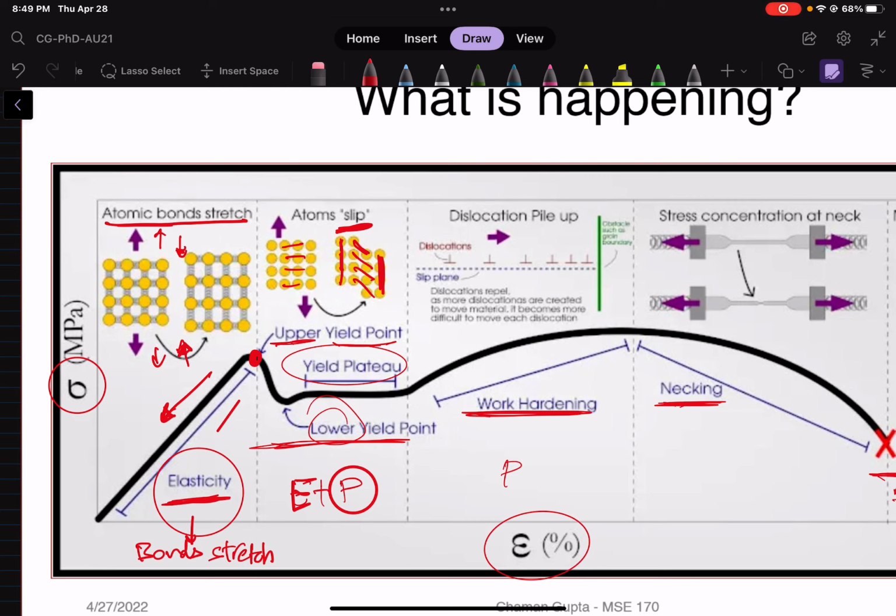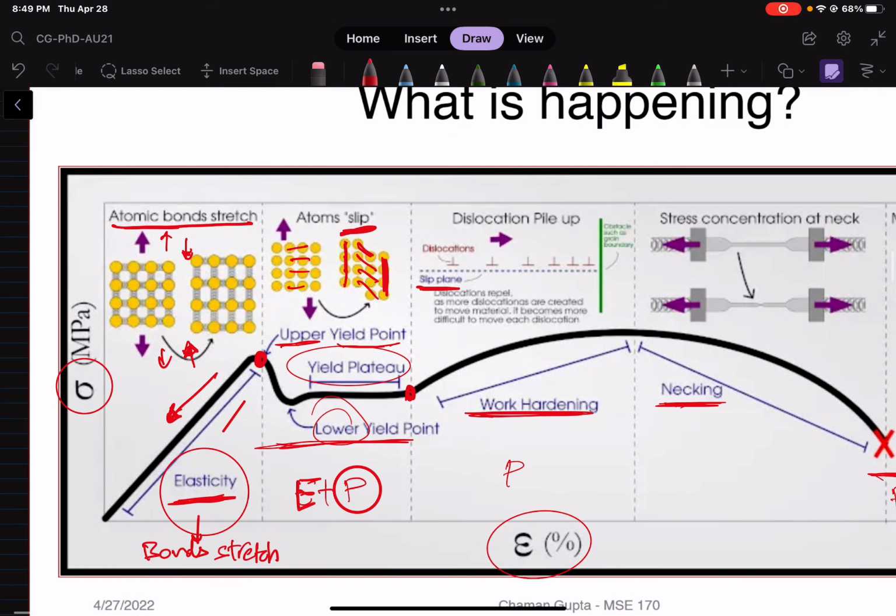And then after this yield happens completely, when all the elastic deformation has stopped and it's only plastic, only slipping has happened, what this slip causes is that at this slip plane, which in this diagram will be your slip plane, you have dislocations piling up.